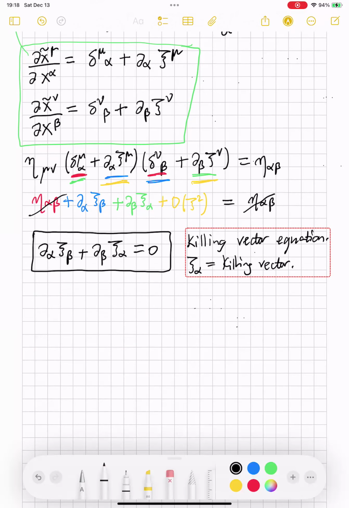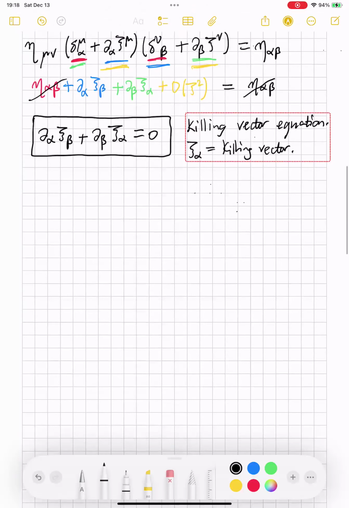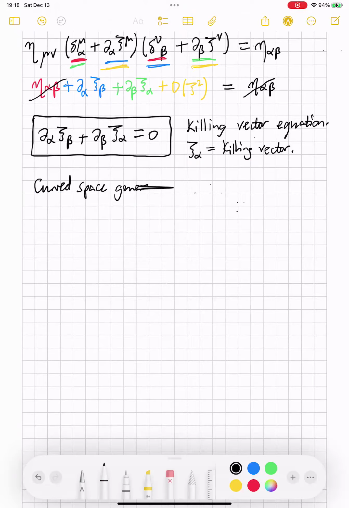Okay. Now we've done all of this for flat Minkowski spacetime. So this is the Killing vector equation for flat Minkowski spacetime, but there is a curved space generalization. And what is this curved space generalization?